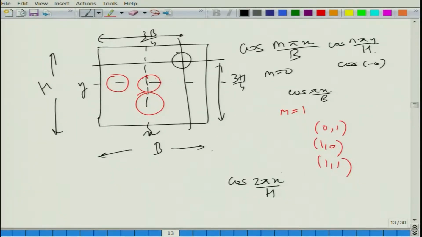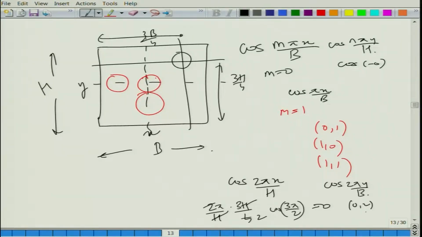And so, for such a function, when you have x equal to 3h by 4, this is 0. Similarly, this particular mode can also be suppressed. So, basically in such a situation, 0 2, 2 0, 2 2 modes can be suppressed.